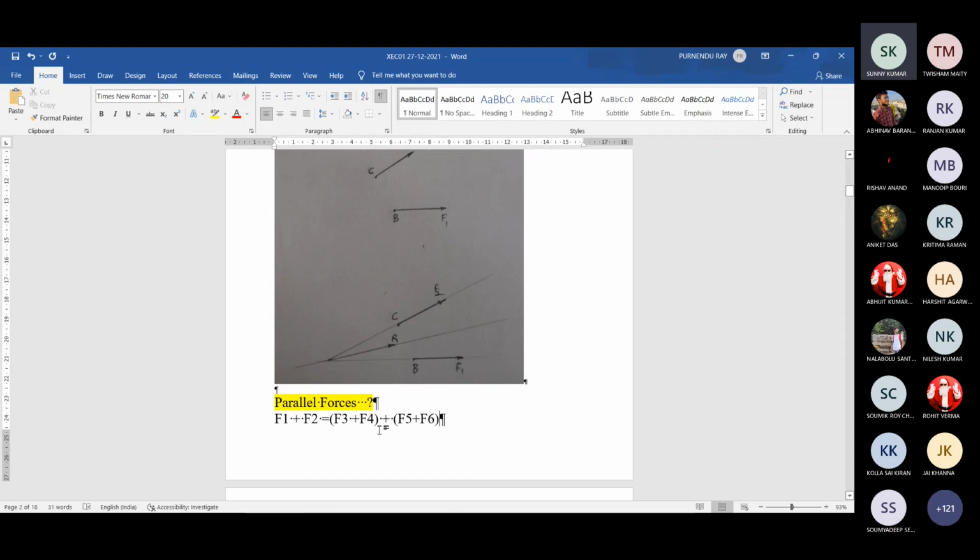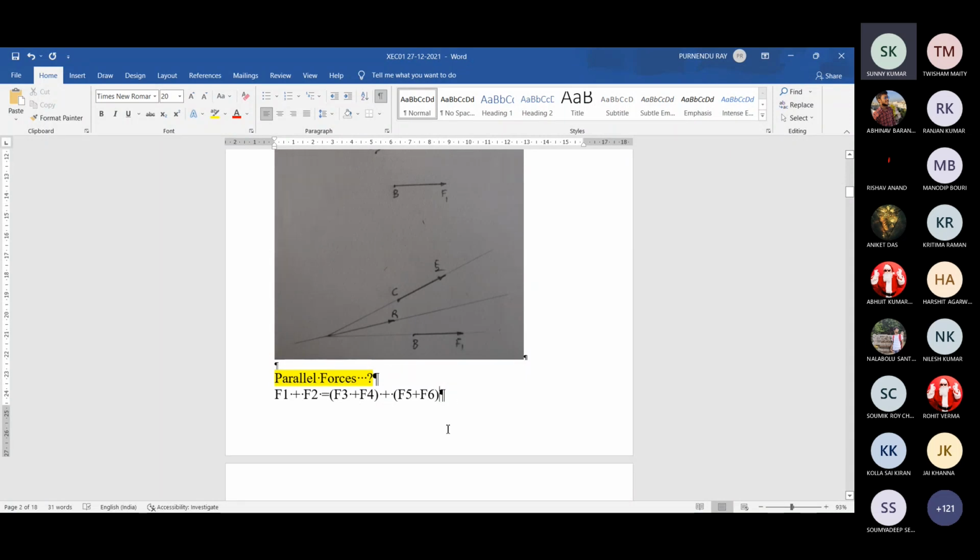So now, do you get my point? Resolve F1 into these two components, F3 and F4. Now this F3 and F4 cannot be parallel to each other or parallel to the given force F1, any two directions. Then resolve F2 into F5 and F6. Done. Then you make this F4 and F5 equal and opposite to each other. Then what happens to this equation?